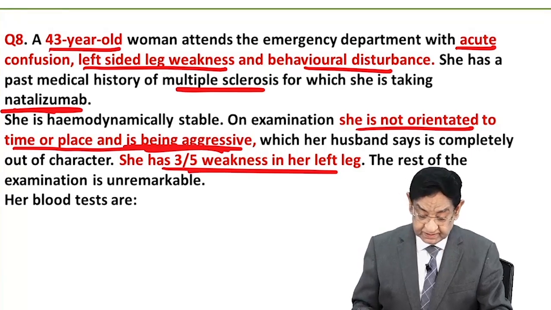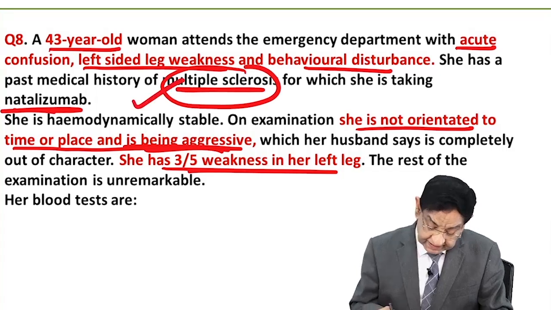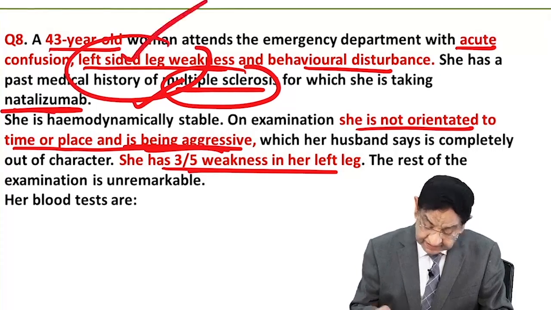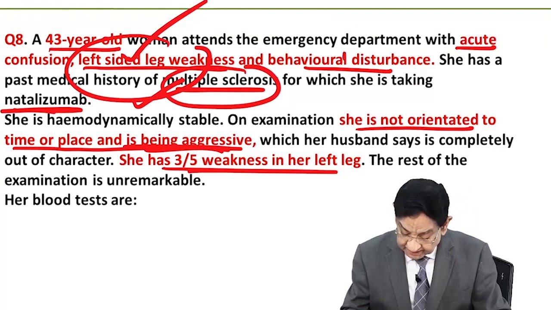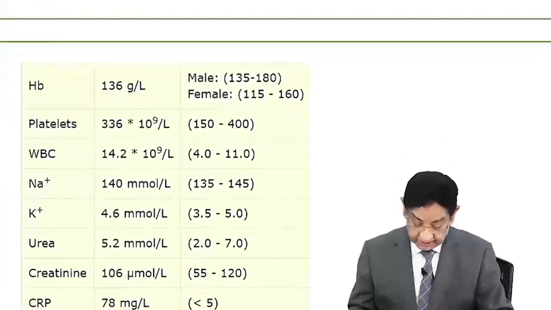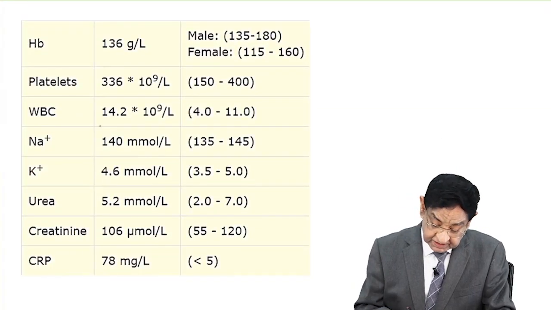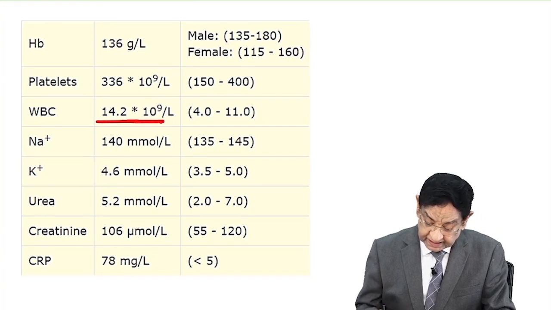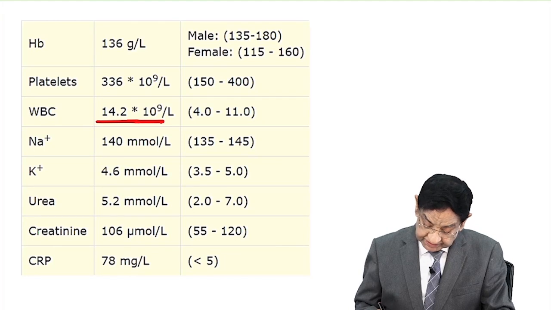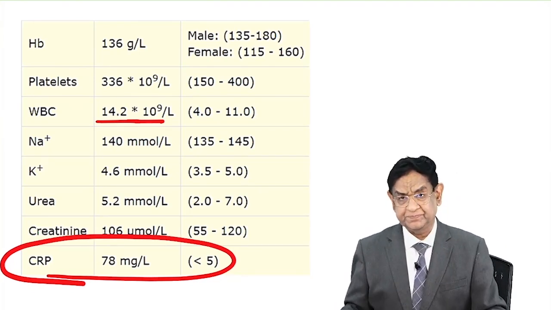Fine. Past history of multiple sclerosis, we can understand. Leg weakness, we can understand. But this is not a feature. Let's see what's the problem. Okay. If you look into the investigations, WBC count is high, and the rest of the investigations are within normal limits. Oh, CRP is raised.